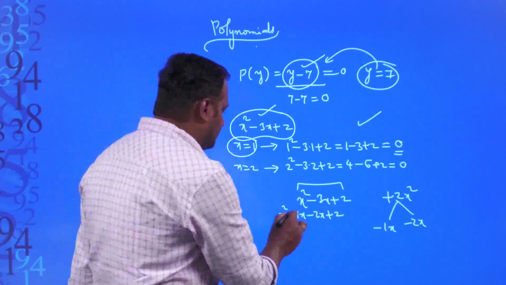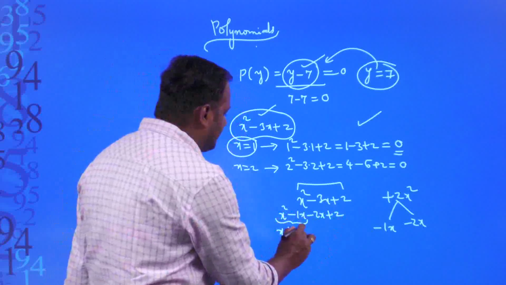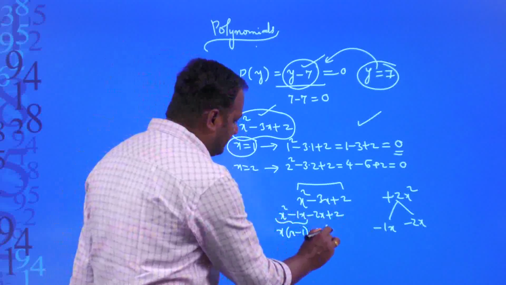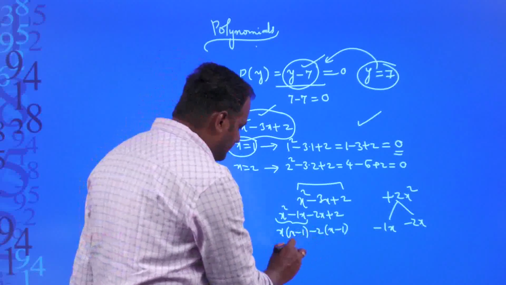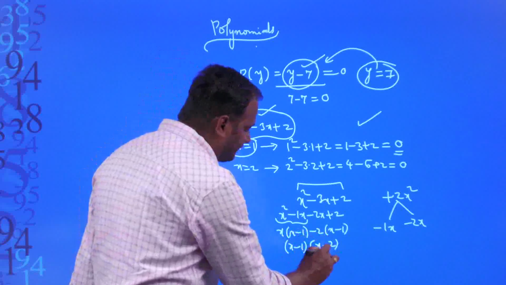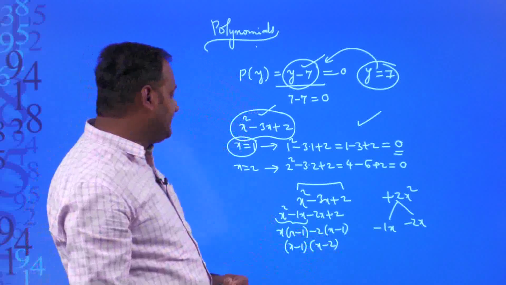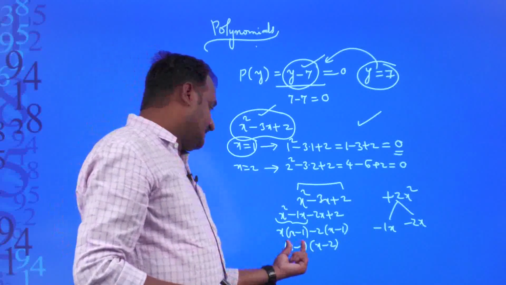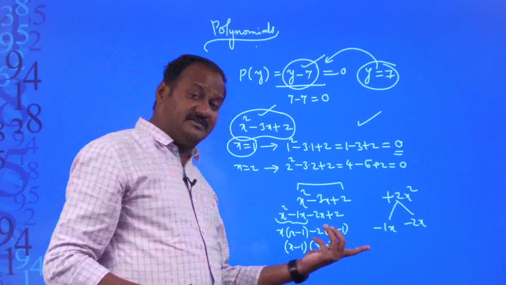And from the first two terms I can take x common, x times x minus 1, and then minus 2 can be taken common from the remaining, leaving x minus 1. Totally, x minus 1 is the common factor and then the remaining is x minus 2, correct? These two are the factors. Now I can easily say that this entire term will be 0 when any one of them is 0.